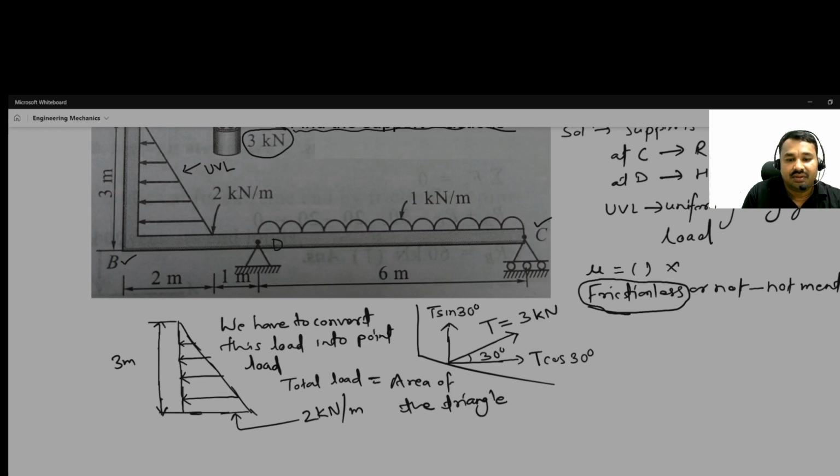So what is the area of the triangle here? 1 by 2, this length 3 meter, and the maximum intensity 2. So you can see the unit of this is meter, and the unit of this is kilonewton per meter. So this and this will cancel by multiplying. So here we are getting 3 kilonewton.